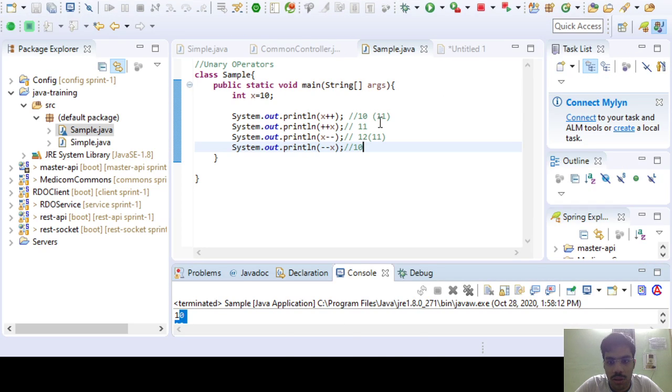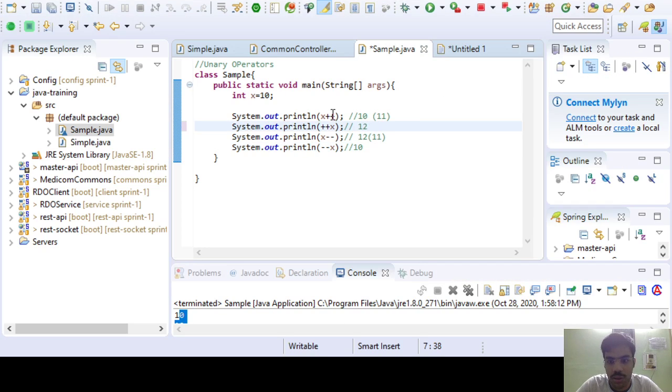Because 11, then after that it is incremented to 12. The initial value is 12, then it is decremented to 11 in the next iteration. Then if we decrement with pre-decrement, we will get 10. This is the unary operator.